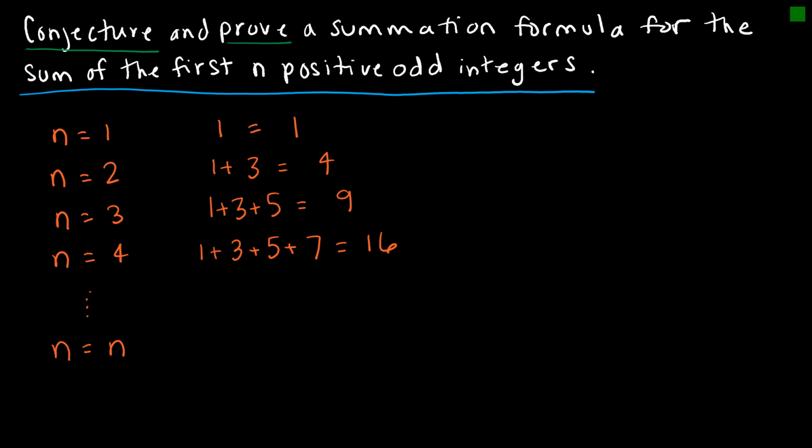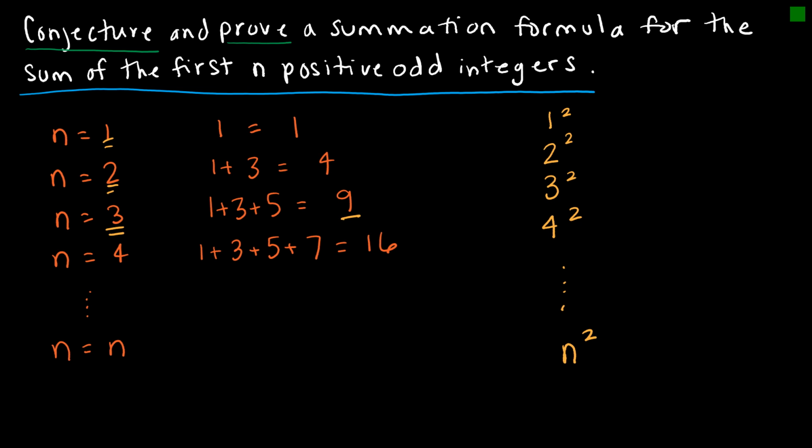And what I'm looking at is, is there a pattern? And this appears to be 1 squared, and 4 is 2 squared, and 9, excuse me, is 3 squared. I was looking at this 3. And as we can see, what I'm ending up with down here seems to be n squared, which is fantastic because now I have an idea of what that sum will be.